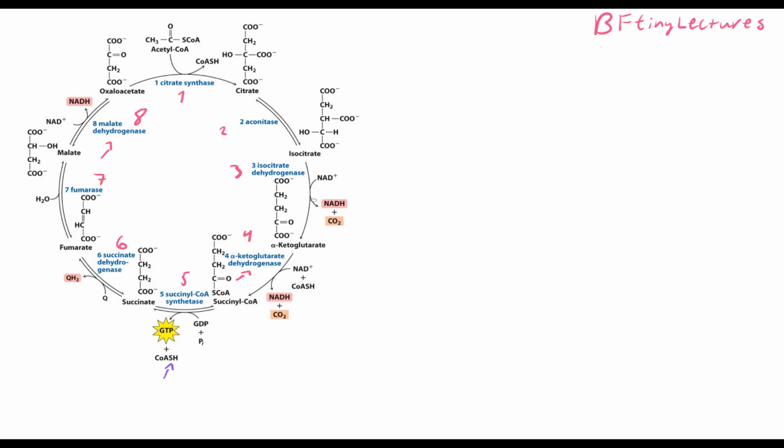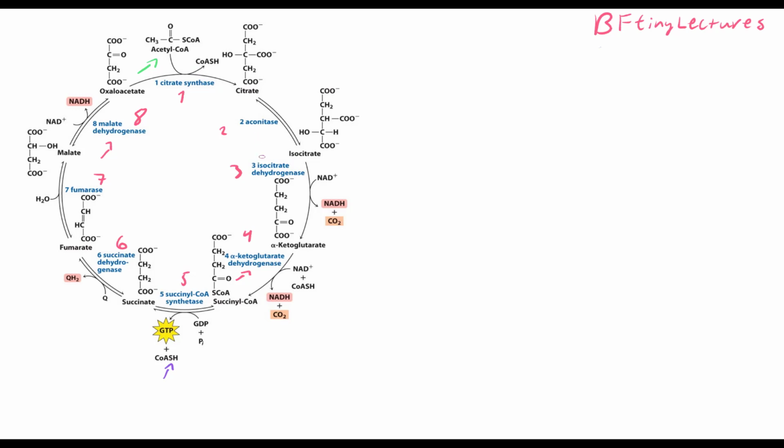Let's talk about regulations and how different things can regulate different parts of the citric acid cycle. So overall, the TCA cycle can be regulated by the supply of acetyl-coenzyme A, right? Because everything depends on this bad boy right there. Because if you have a lot of acetyl-coenzyme A, then you're going to be producing a lot of electron carriers and a lot of ATP.